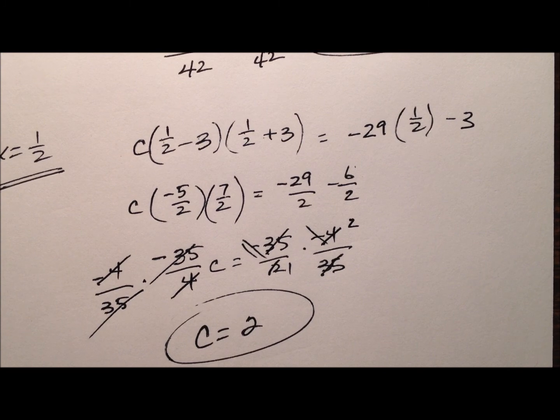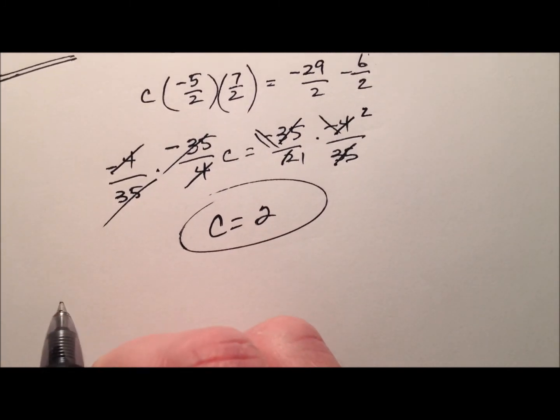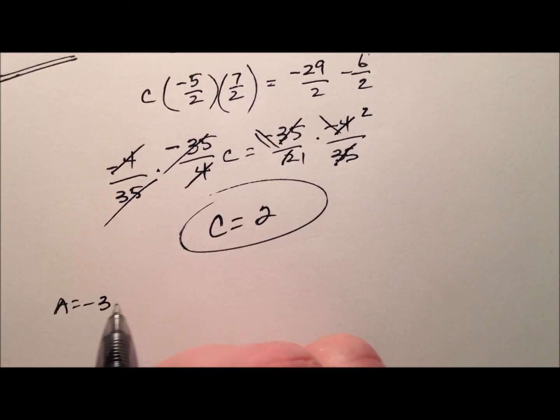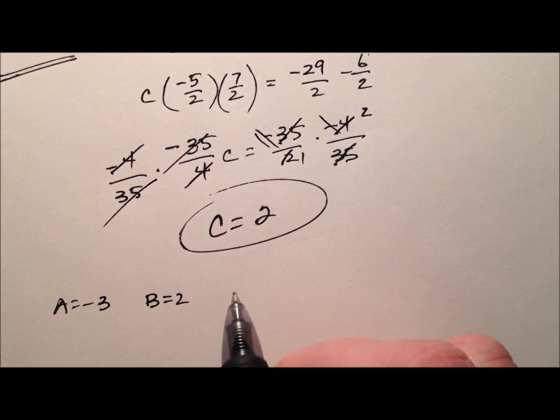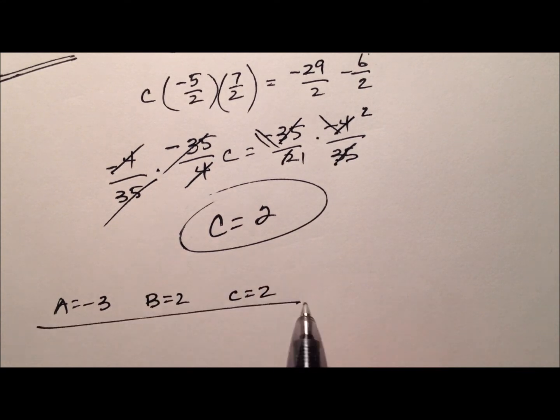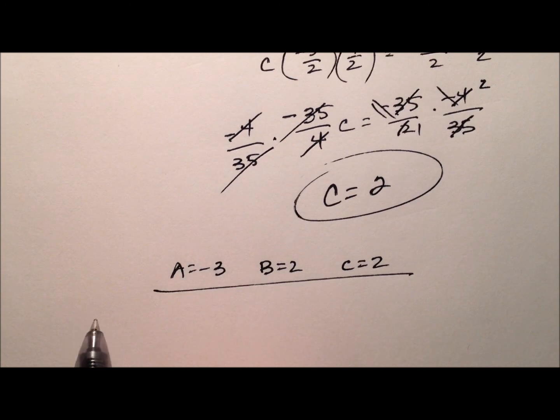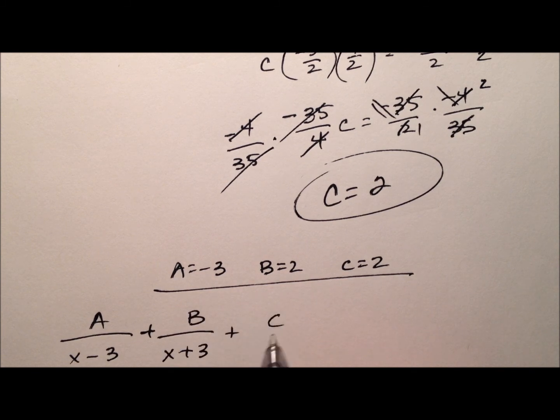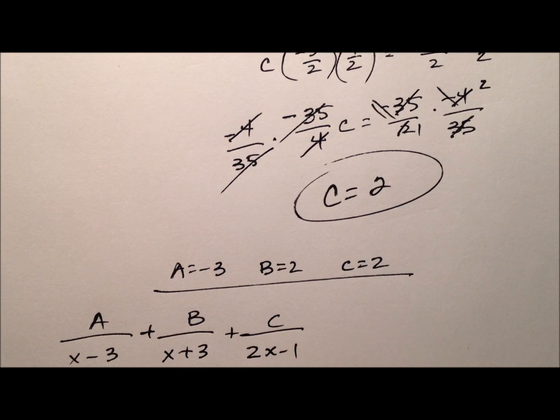Okay. So my a, let's go ahead and write these down here. My a was negative 3, my b was 2, and my c was 2. And originally I had a over x minus 3 plus b over x plus 3 plus c over 2x minus 1.